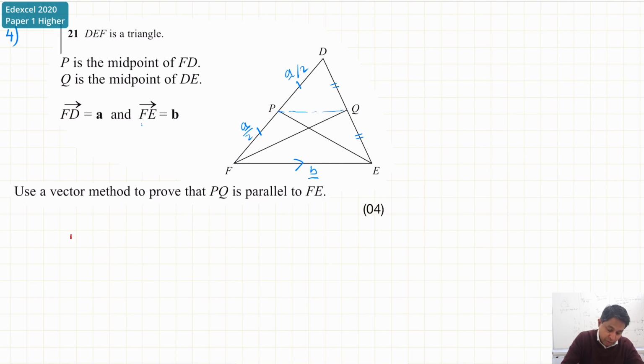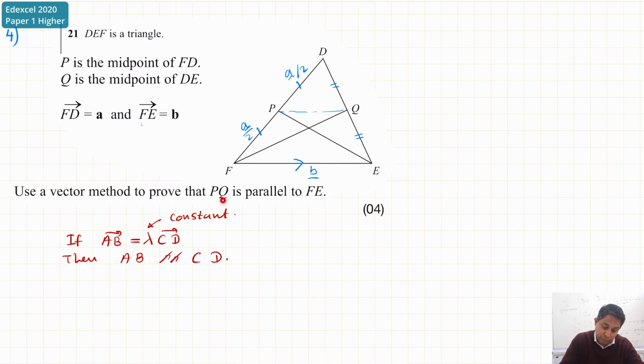Let me remind you this. If you can write vector AB as a scalar multiple of vector CD, here lambda is a constant, then you can say that line segment AB is parallel to CD. Therefore, if you want to prove that line PQ is parallel to line FE, you have to get a result something like this.